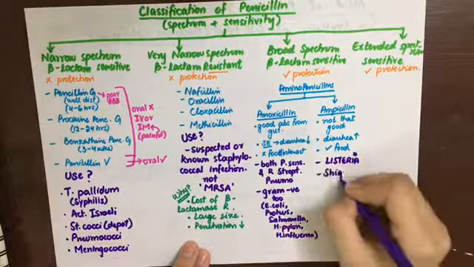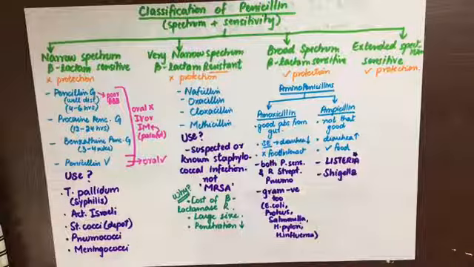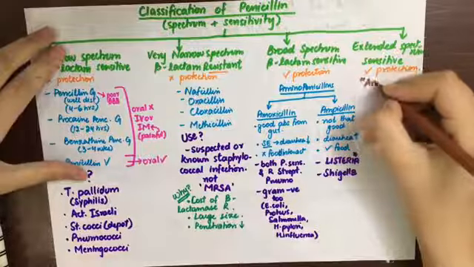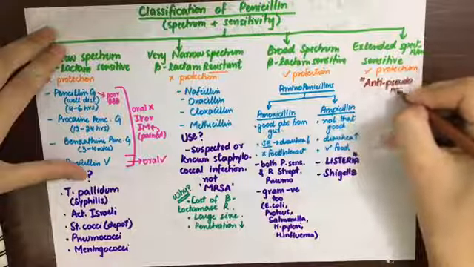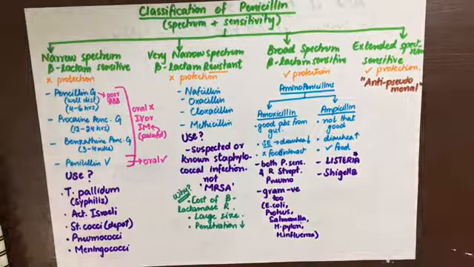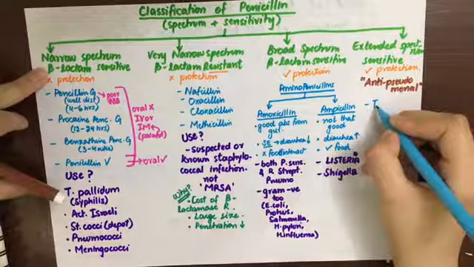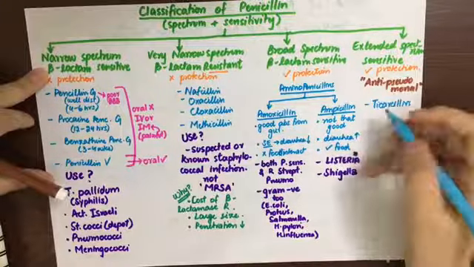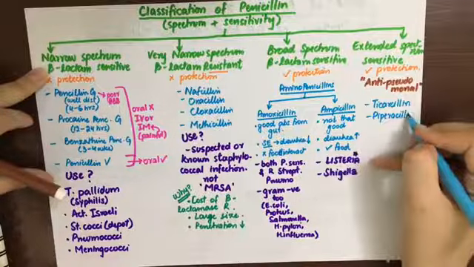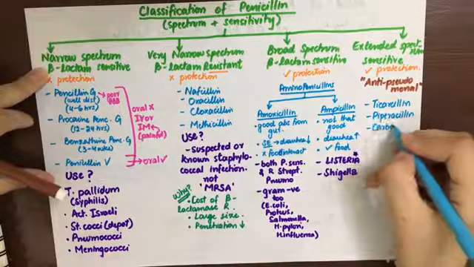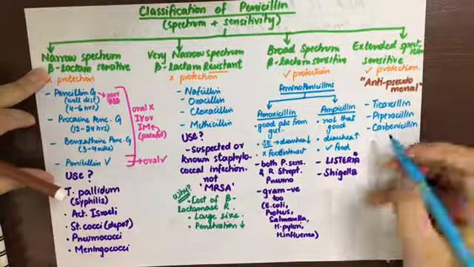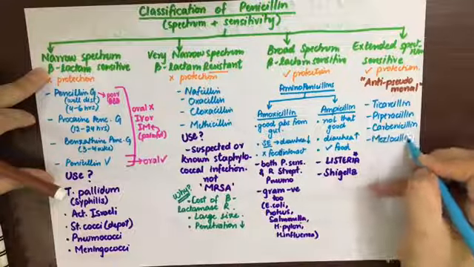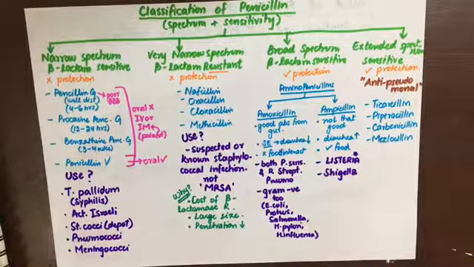The last of the penicillins are the extended spectrum penicillins that include carboxypenicillins and ureidopenicillins. They're also known as anti-pseudomonal penicillins because Pseudomonas aeruginosa, that is the cause of different infections in hospitalized patients and burns patients, remember? This organism is specifically very susceptible to these antibiotics.